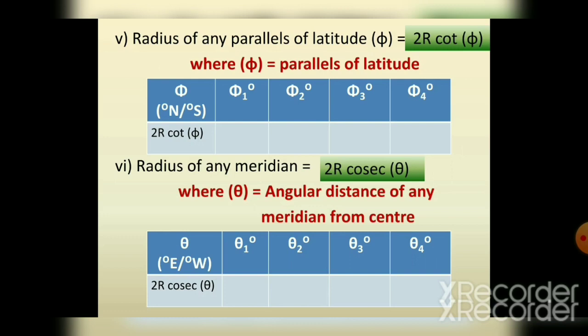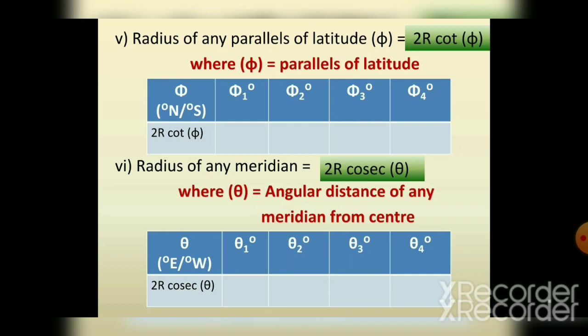Cot means 1 by tan, so in the calculator you have to put the value 1 by tan 10 degrees, multiplied by 2 into the R value, and then the radius of the parallels will be calculated.